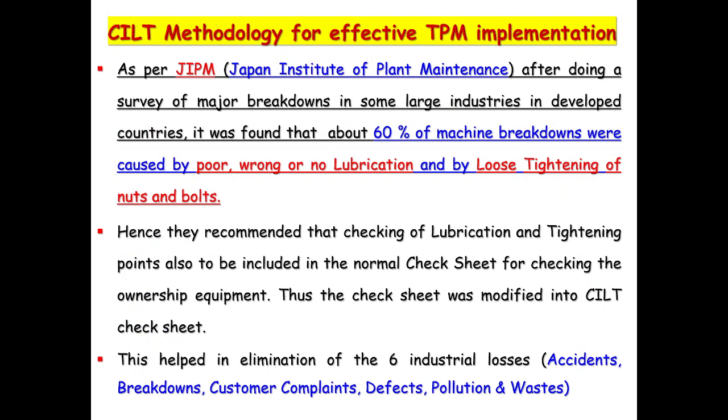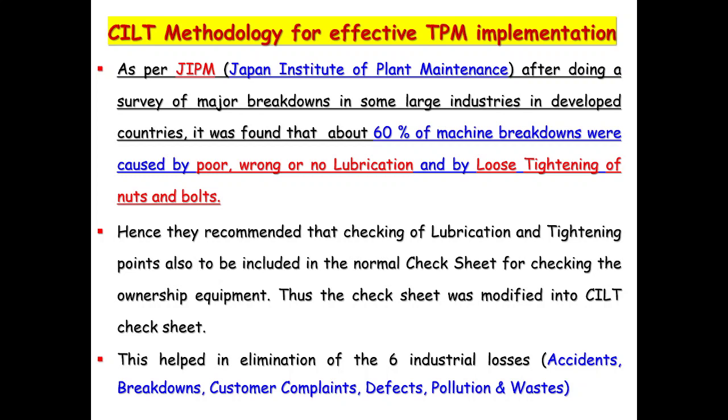Why is CILT methodology effective for TPM implementation? As per JIPM, Japan Institute of Plant Maintenance, after doing a survey of major breakdowns in large industry in some developed countries, it was found that about 60% of the machine breakdowns are caused by poor, wrong, or no lubrication, and also by loose tightening of nuts and bolts. These are the main contributors to failures of machines.